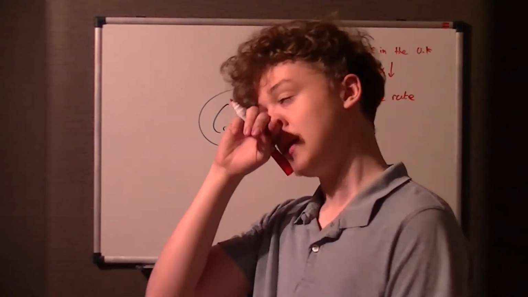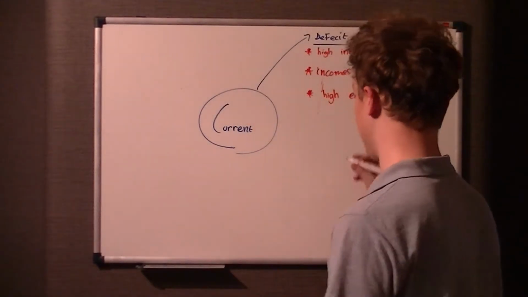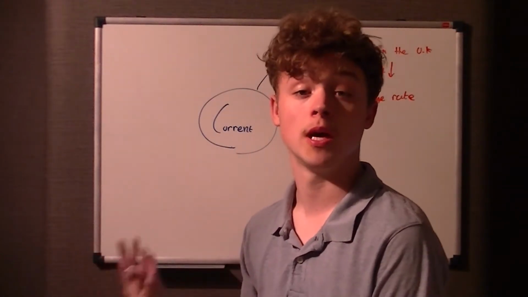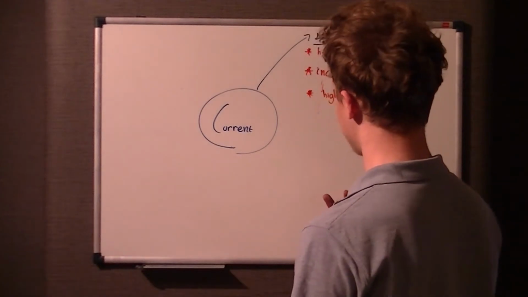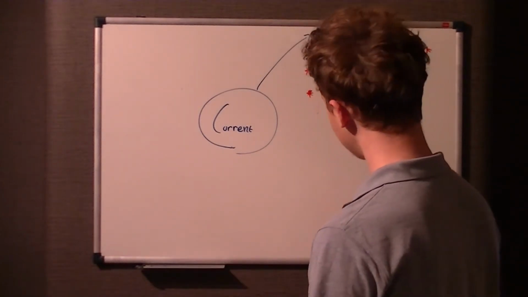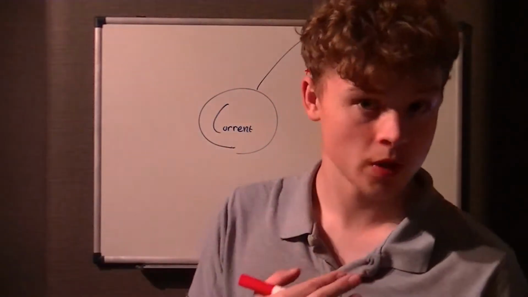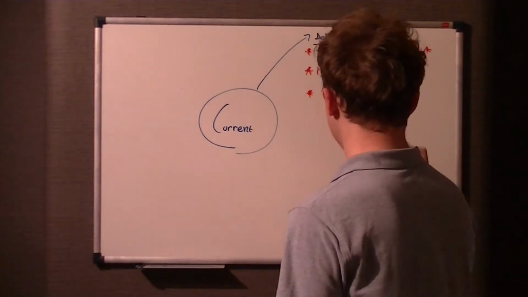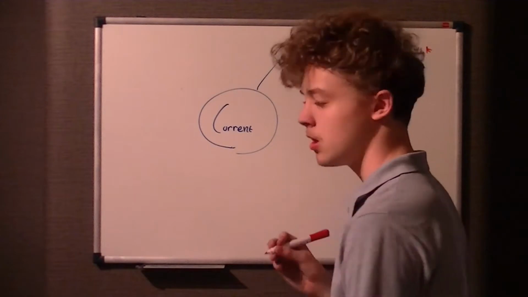So for every pound they need more of their alternative currency to pay for it. So without our prices actually increasing in terms of pounds, they've increased in terms of the price in their currency, which we'll go into in a bit more detail in the next video. So high exchange rate, that's all good.